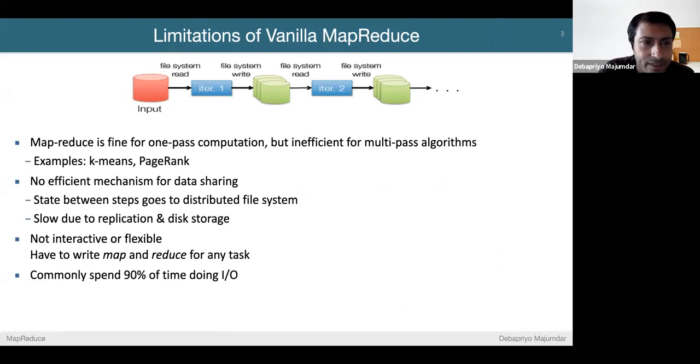It's not efficient for data sharing. Each state between the steps will go into the file system, and it's not interactive or flexible. Apparently, for certain tasks, 90% of the time is spent on I/O, because the computation cost is very low. The I/O cost is high.